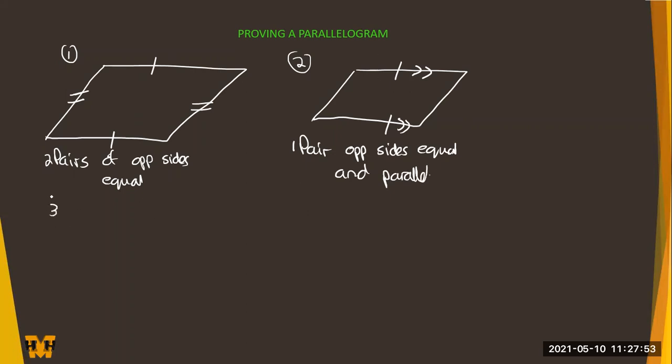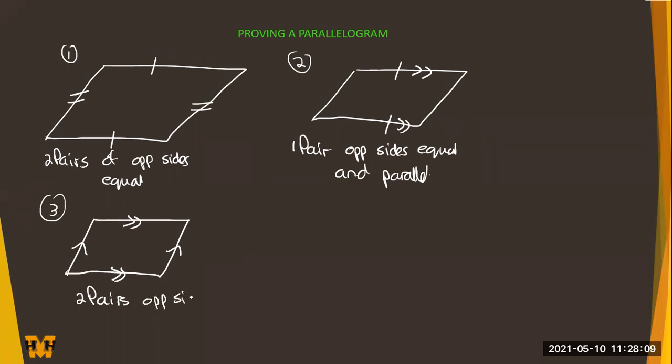A third option is by proving that two pairs of opposite sides are parallel.